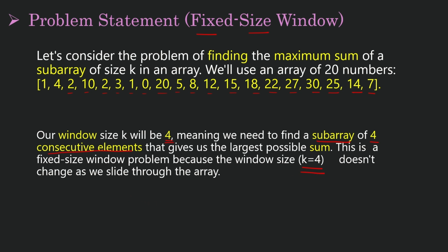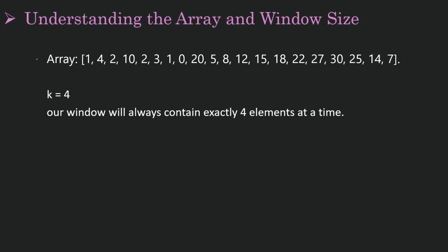the array. First, let's look at our array: 1, 4, 2, 10, 2, 3, 1, 0, 20, 5, 8, 12, 15, 18, 22, 27, 30, 25, 14, 7. It has 20 elements, indexed from 0 to 19.